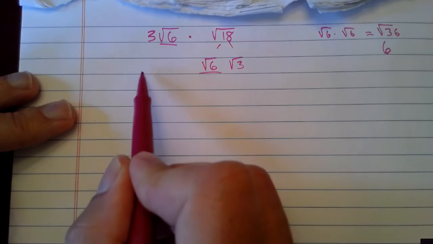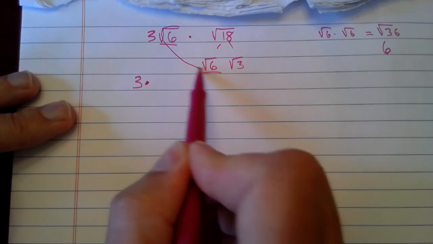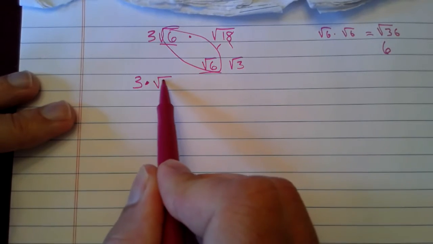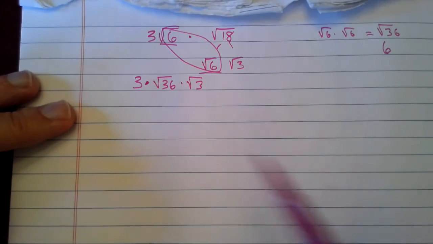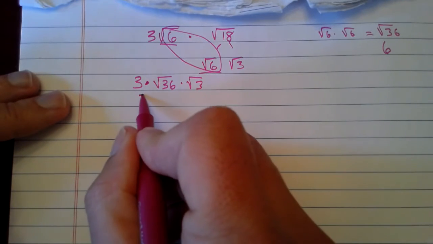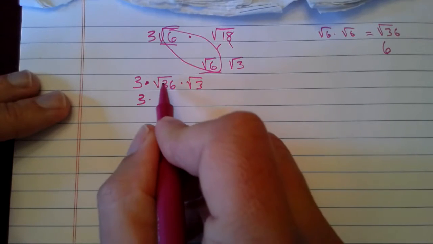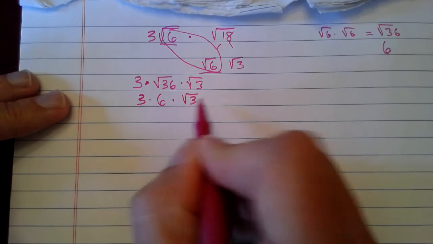So I can break this down into 3 times, I'm going to group these together, root 36 times root 3. Now, eventually, we won't have to write all this out, but I want you to see exactly where I'm coming from here. So 3 times that root 36 is just a 6 times root 3.